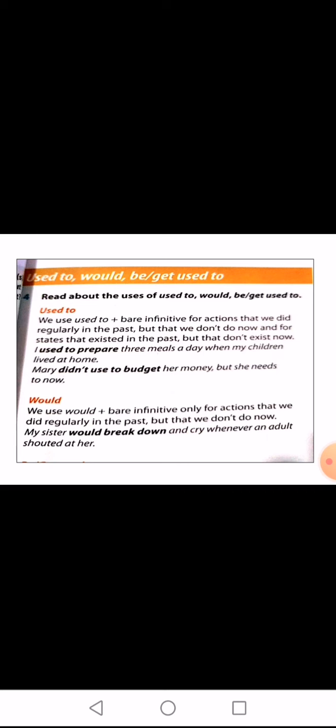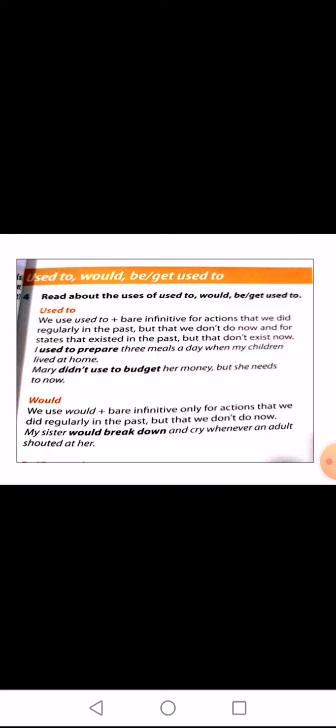We can't use feeling verbs with would. Would is always followed by verb 1, the base form.